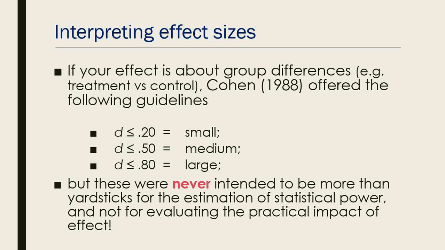Cohen actually warned against this practice, saying that it was dangerous. So you really need to consider the typical effect size encountered in your discipline and your area of research. And you use that as the guidelines for evaluating the effect size.